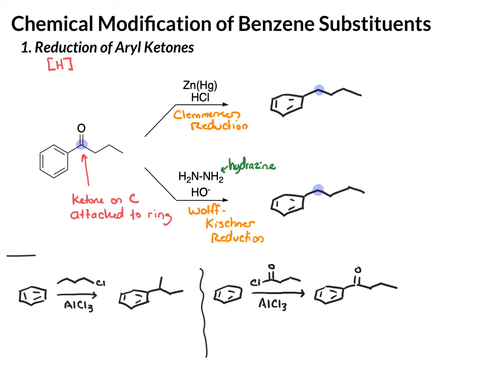From there, we can now do one of our reductions. Let's just use the Clemmensen reduction. And that will give us the desired butylbenzene product. So this is a good method to circumvent carbocation rearrangement in Friedel-Crafts alkylations.